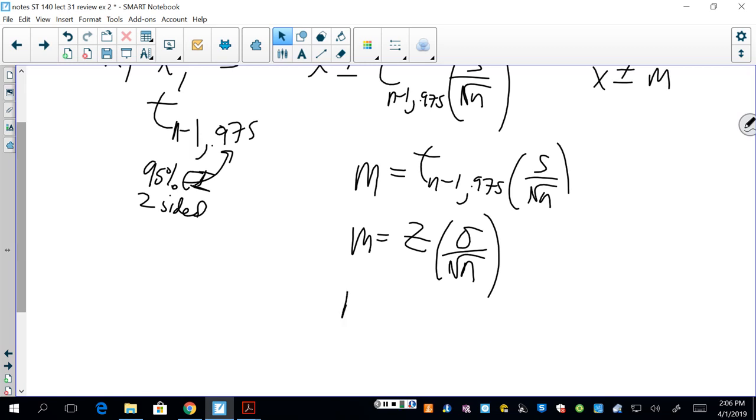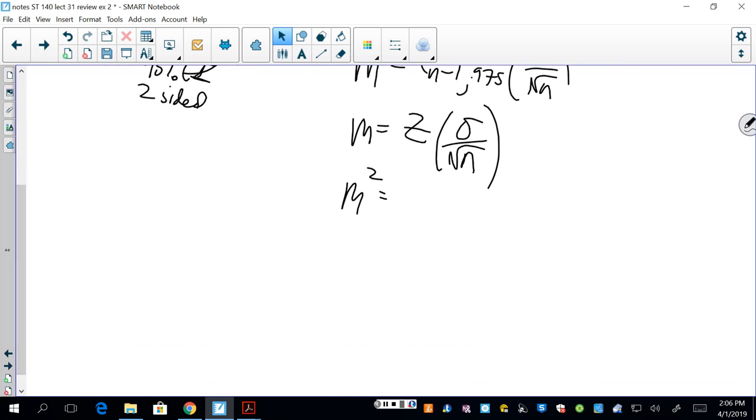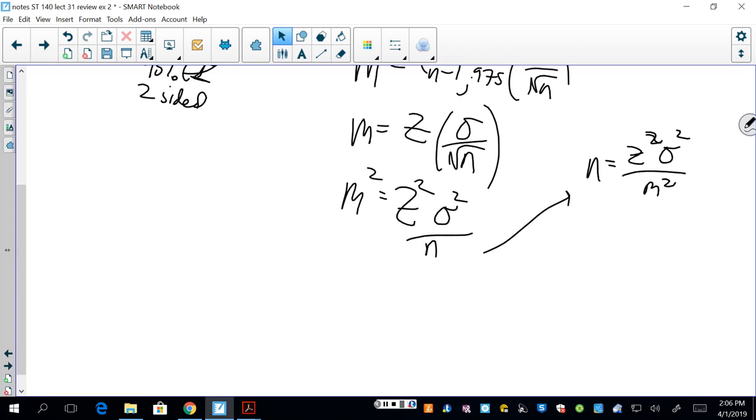If you square both sides of this, sigma squared over n, and then you can solve that n is z squared sigma squared over the m squared. So if sigma, what did it say in that problem?